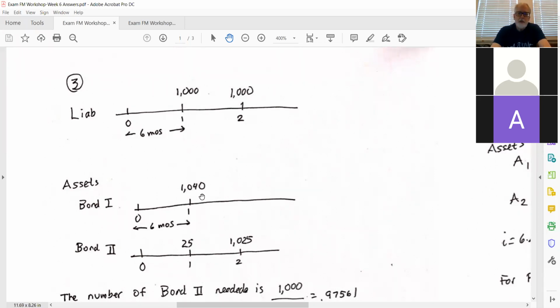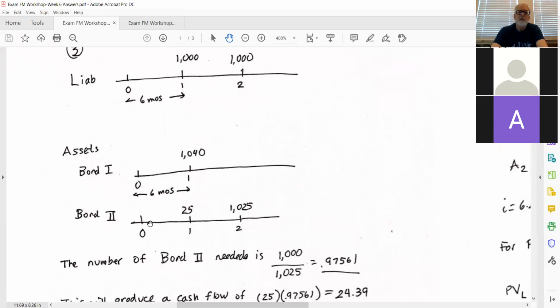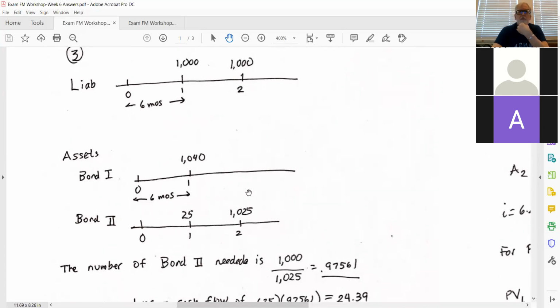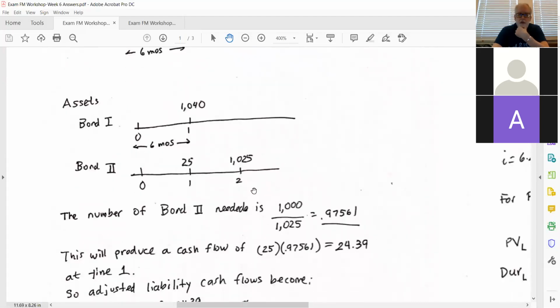The first one pays an 8% coupon, but it's semi-annual, so it's 1,040. This one has a 5% coupon, but it's paid semi-annually, so that's why it turns into 25. And each one has a different yield, but let's see, do we even need to know that?